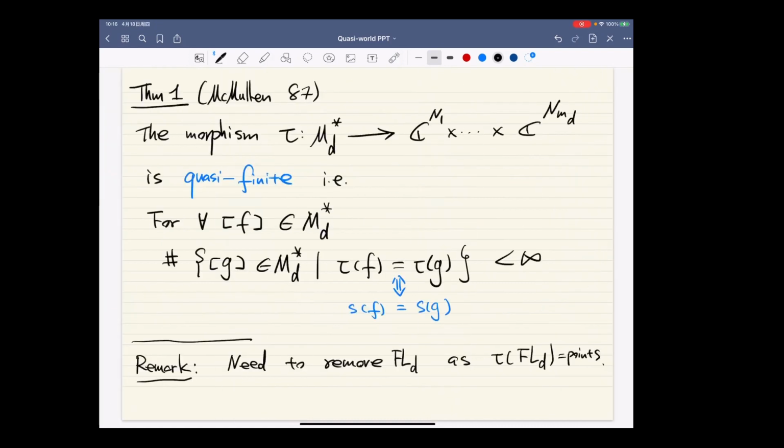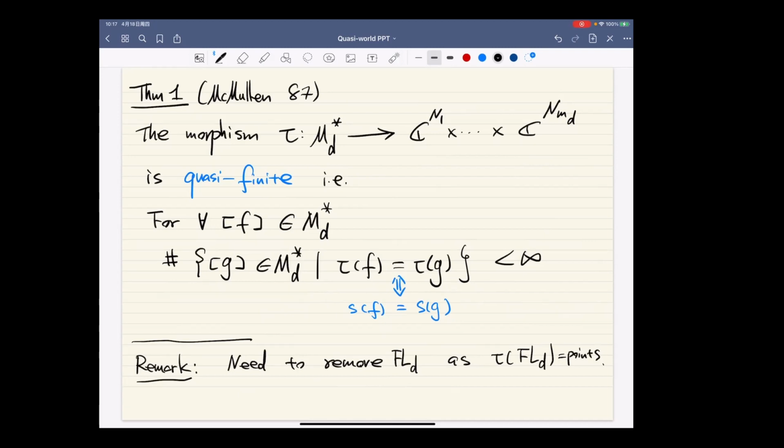A famous result of McMullen is the following. He said that the morphism tau from M_D star to C^{N_1} times ... times C^{N_D}, which is just the map from every map to the first D multiplier spectrum, is quasi-finite in the terminology of algebraic geometry.